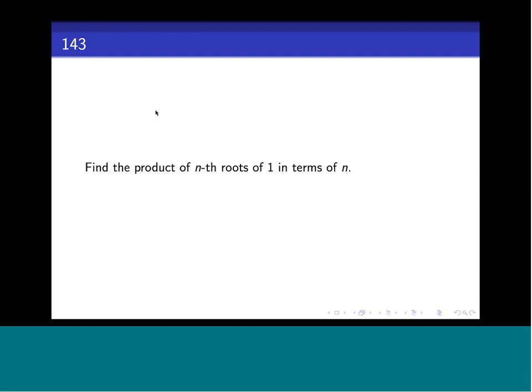I think it's the exercise, right? William, do you remember it? Is it just 1? I think it's minus 1 to the n plus 1, or n minus... Yeah, that's what I have. It's in the book.